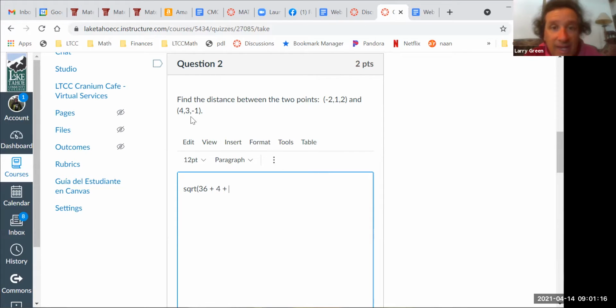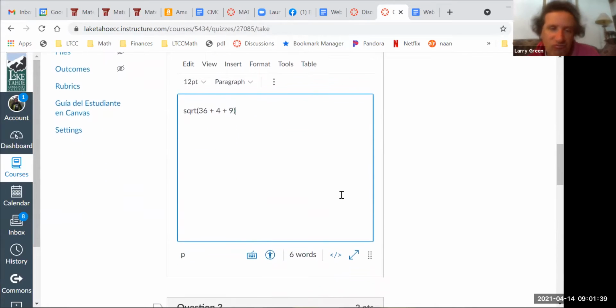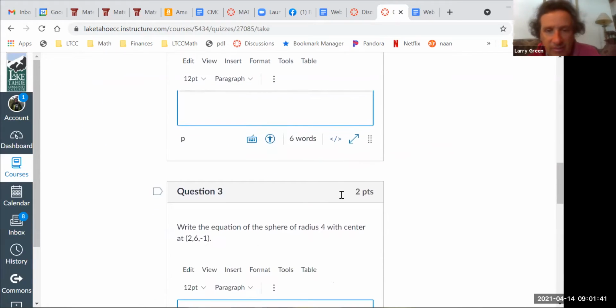Plus, we take negative 1 minus 2, which is negative 3, and negative 3 squared is 9. That's fine, that's all done. If you want to add them because you feel like it, you can, but you don't need to. Any questions on the second question? Although there were 4 questions, they're pretty quick, right? That took a few seconds to do.